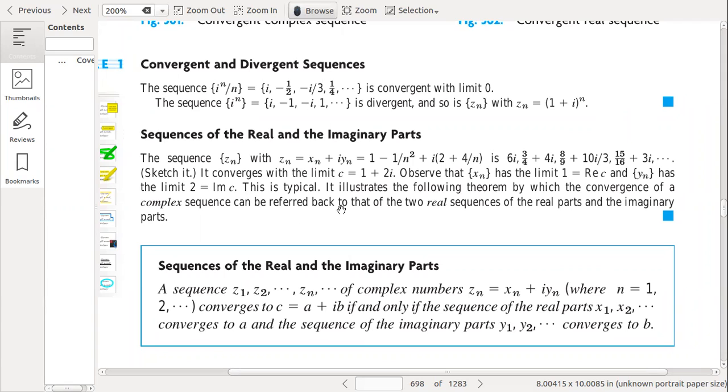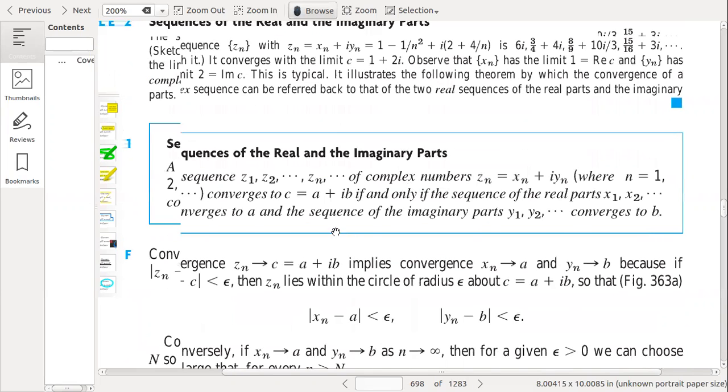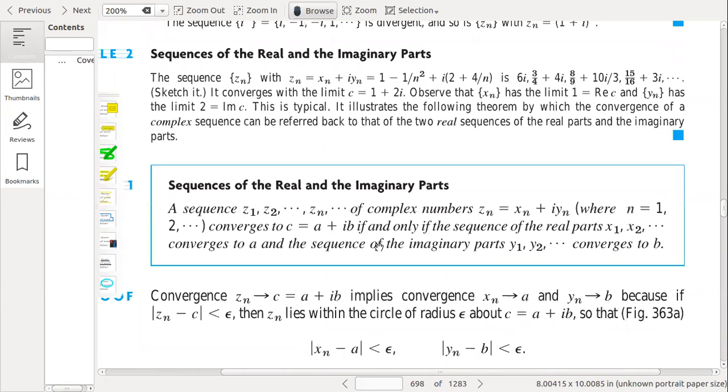This is typical. It illustrates the following theorem by which the convergence of a complex sequence can be referred back to that of the two real sequences of the real parts and the imaginary parts. So, sequences of the real and the imaginary part.